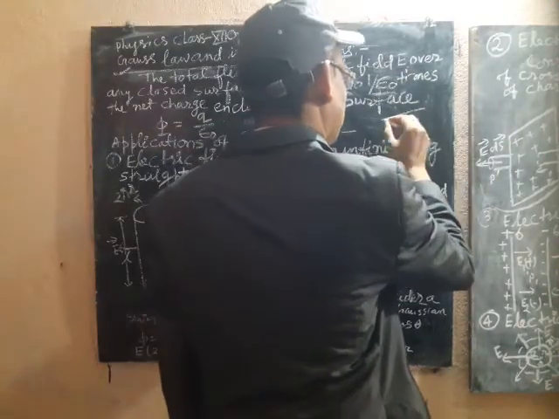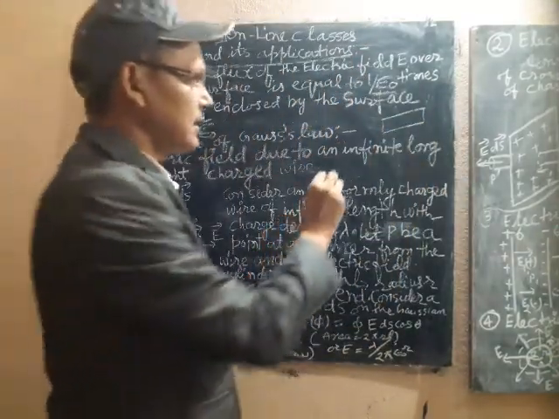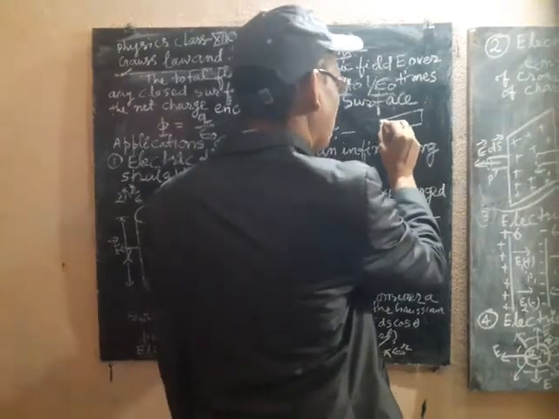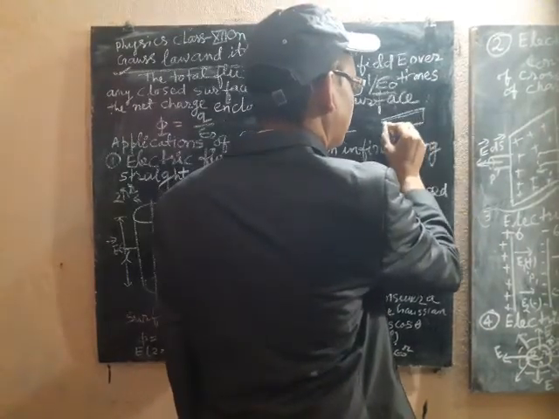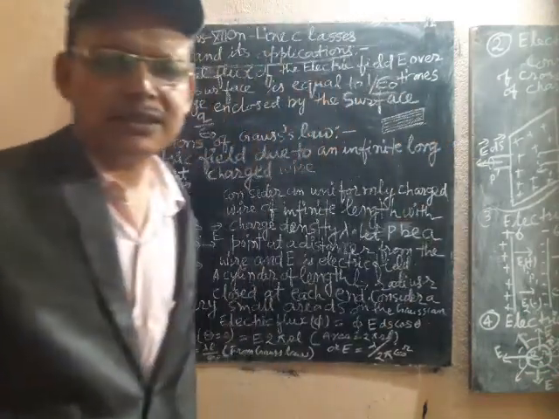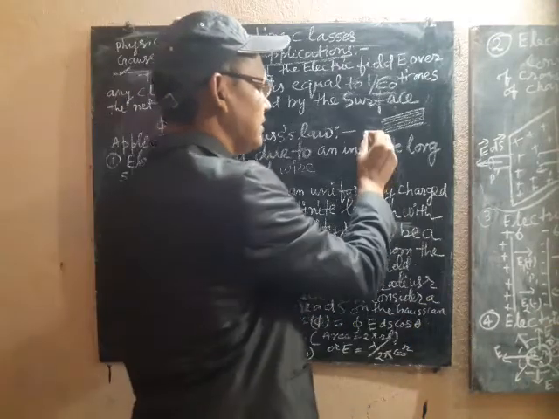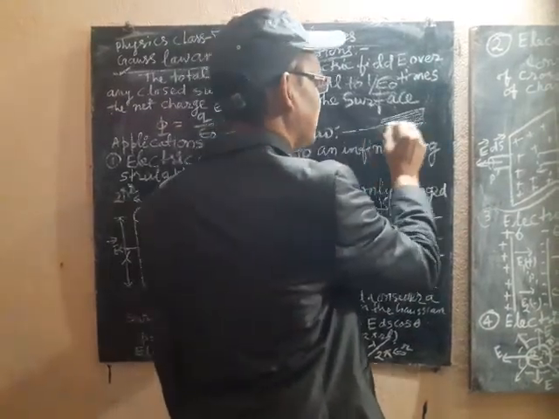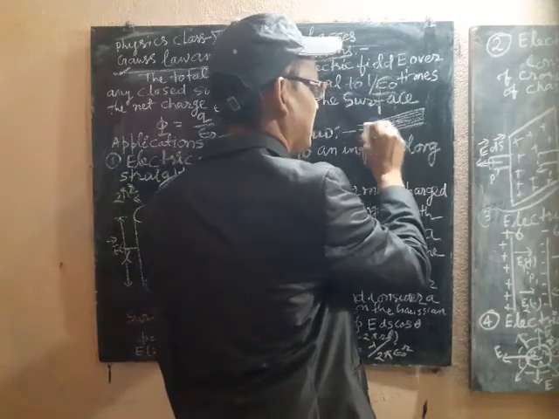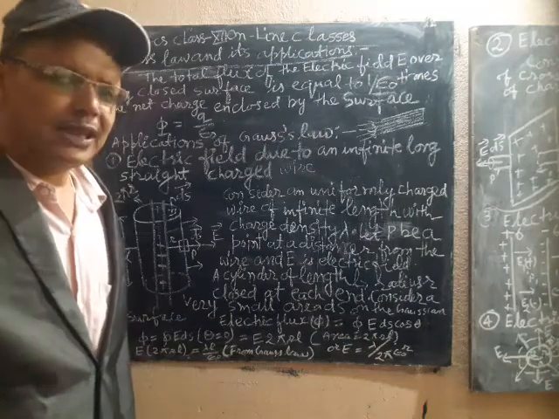Now how do you understand total flux? Suppose this is a figure. This is the area of a rectangle, made of lines like this, and then this is an area. Similarly, here charges will flow like this and make an area, layer by layer.